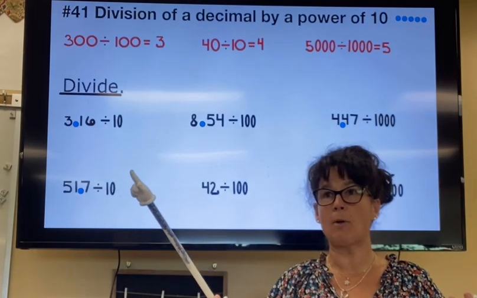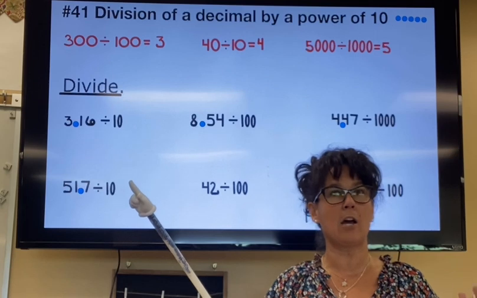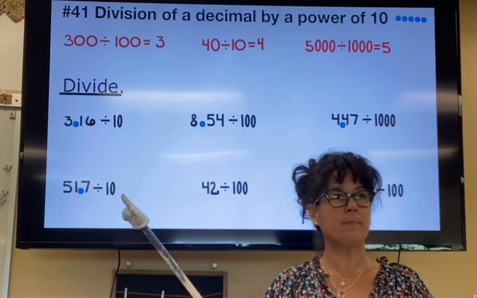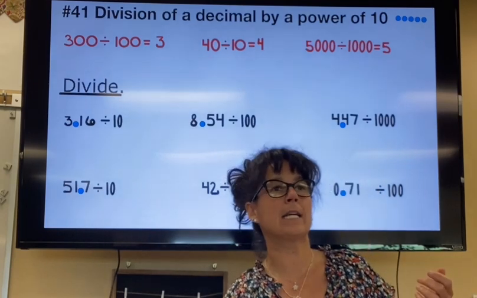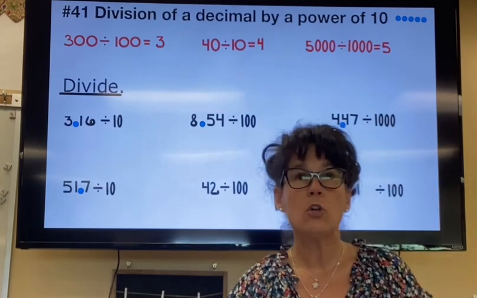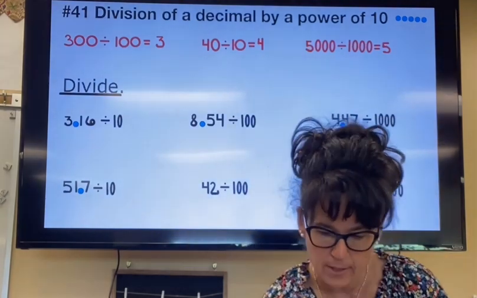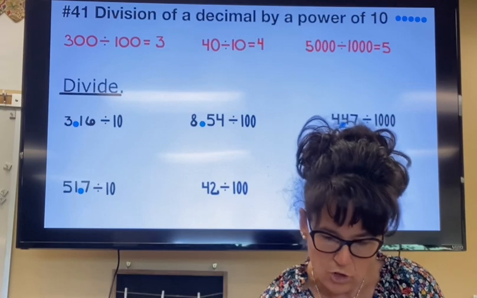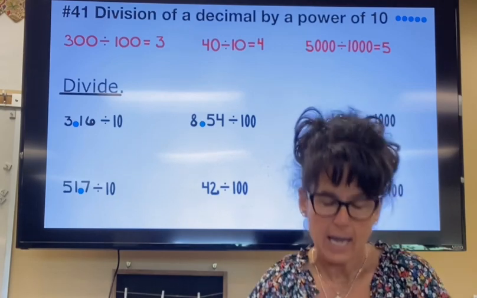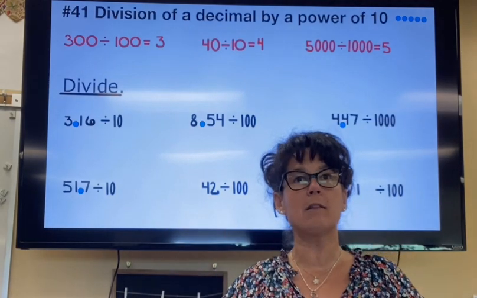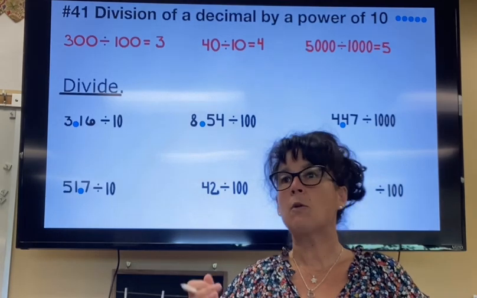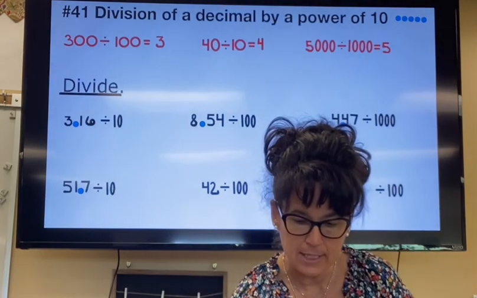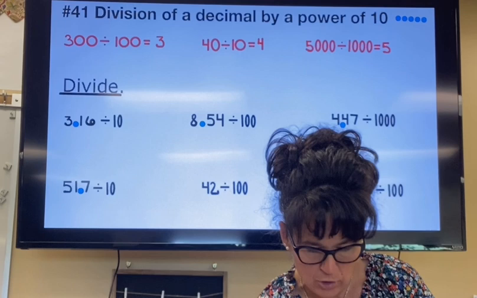The answer is going to be smaller when we divide by 10, 100, or 1,000. So if our numbers are going to get smaller, a huge shortcut to this division is we can just take and move the decimal point to the left. And you just count the number of zeros in the original.